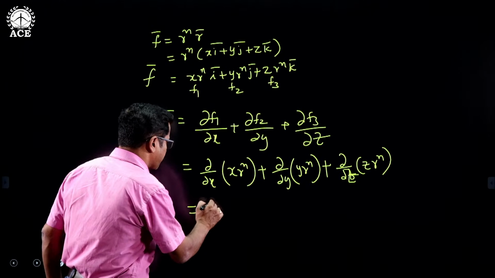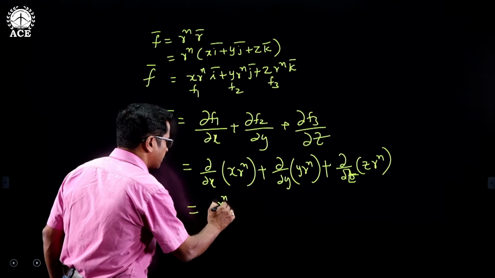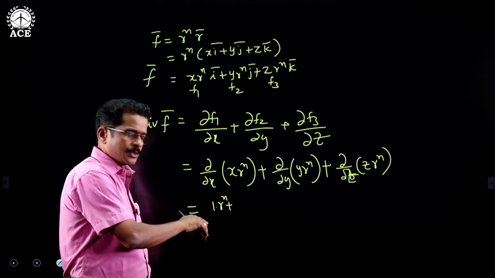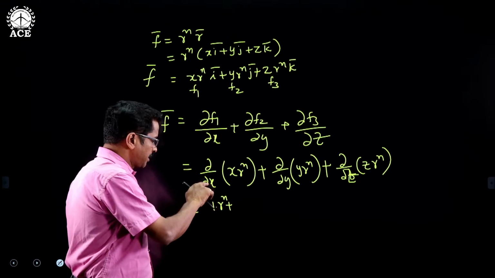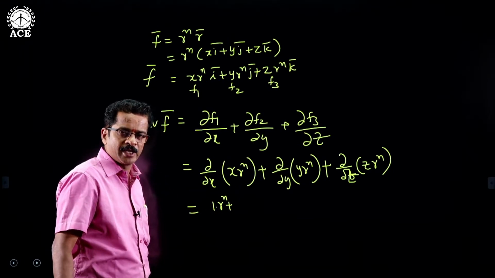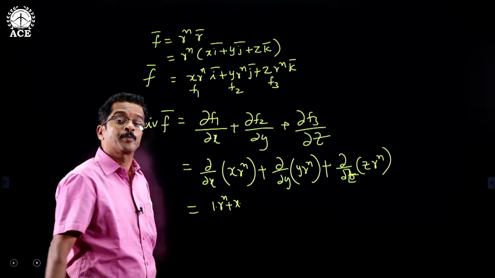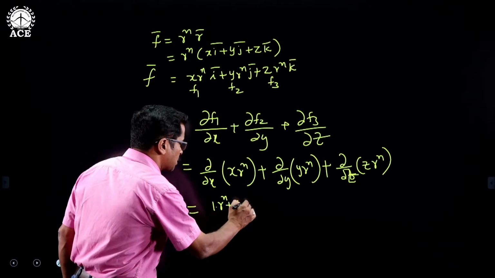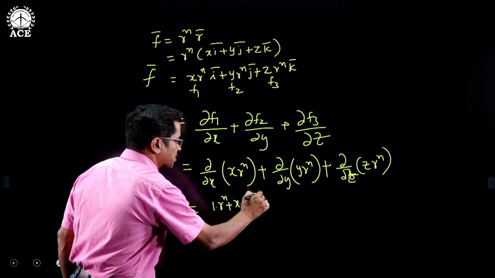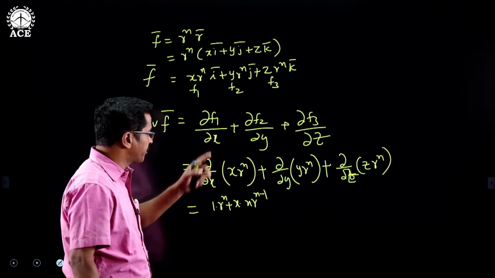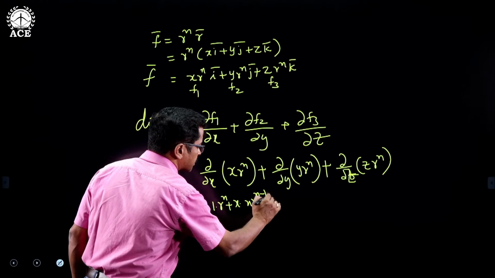x differentiation is 1 into r power n. U differentiation I wrote, and I am writing r power n as it is. Now you write u as it is, and r power n differentiation is n into r power n minus 1 into dou r by dou x.